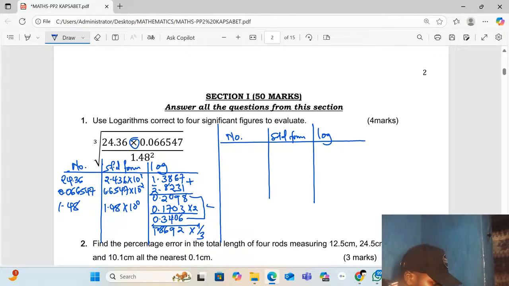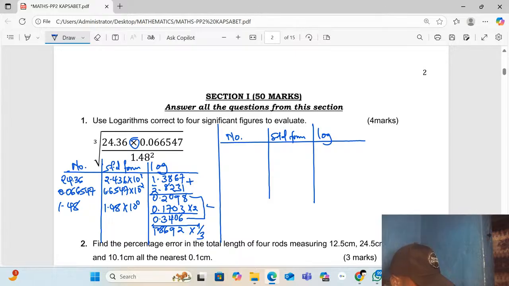Now we are dividing by 3. Because of the negative, this bar 1 means negative 1.